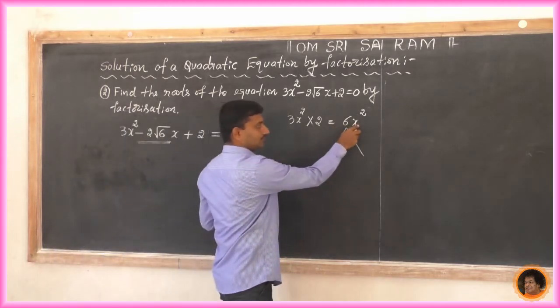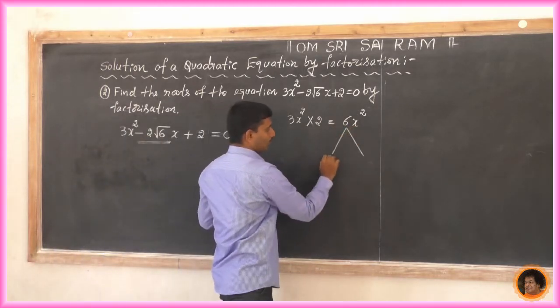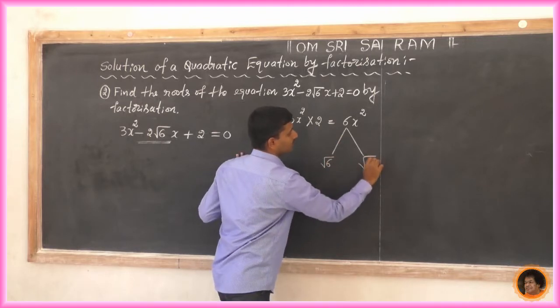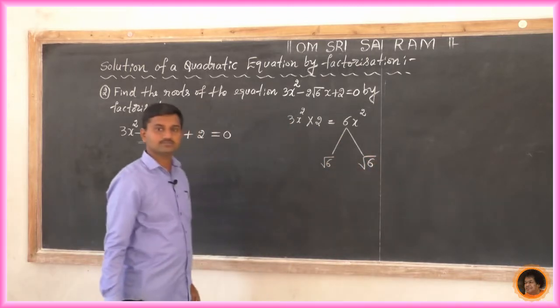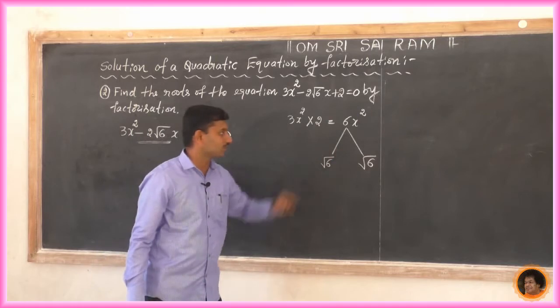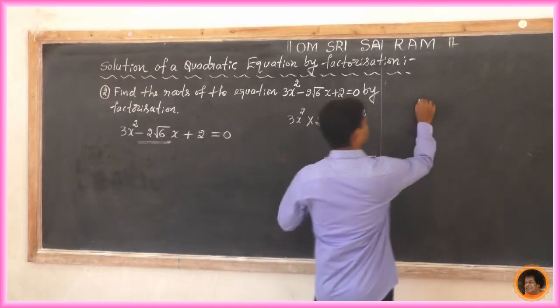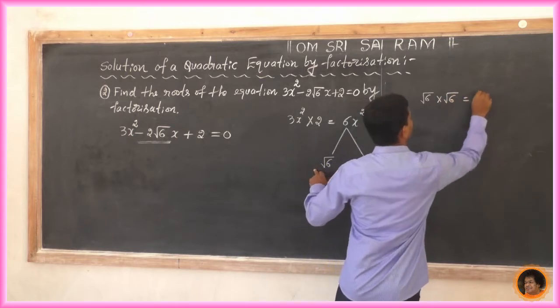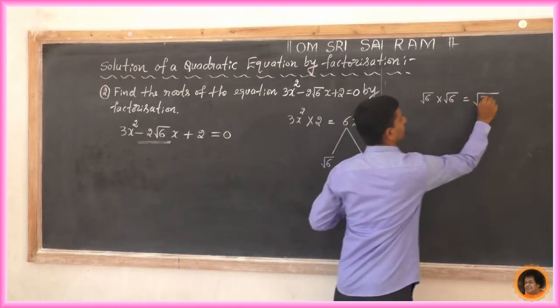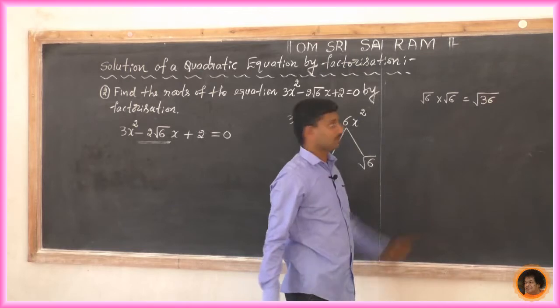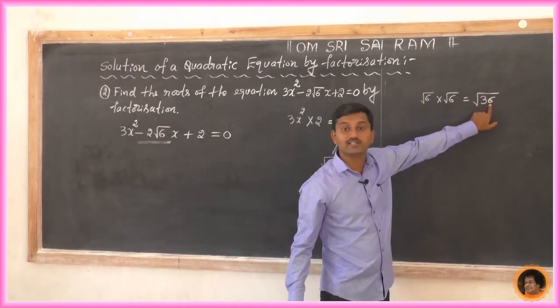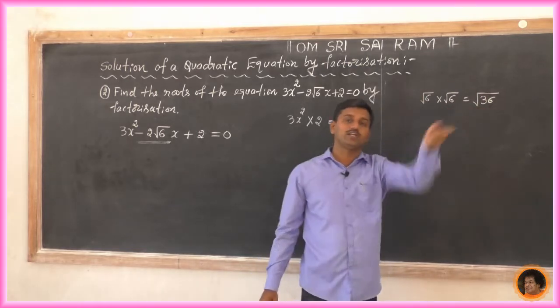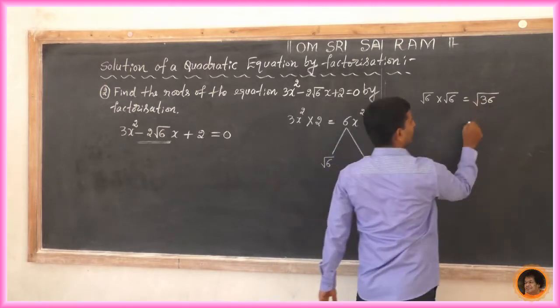6x square. So root 6 into root 6. Look at here. Root 6 into root 6 equal to root 36. Am I right? The square root of 36 is 6.